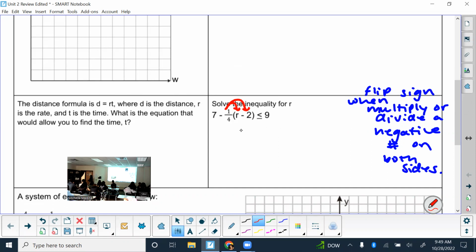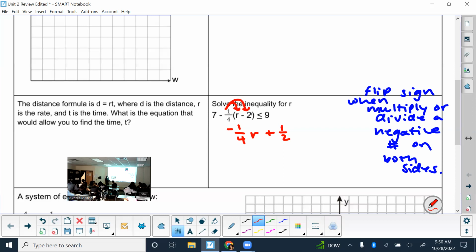What's -1/4 times R? And -1/4 times -2. A positive 0.5, or you can put 1/2. Whatever is easier. Probably the 0.5 is easier, but other people like this.